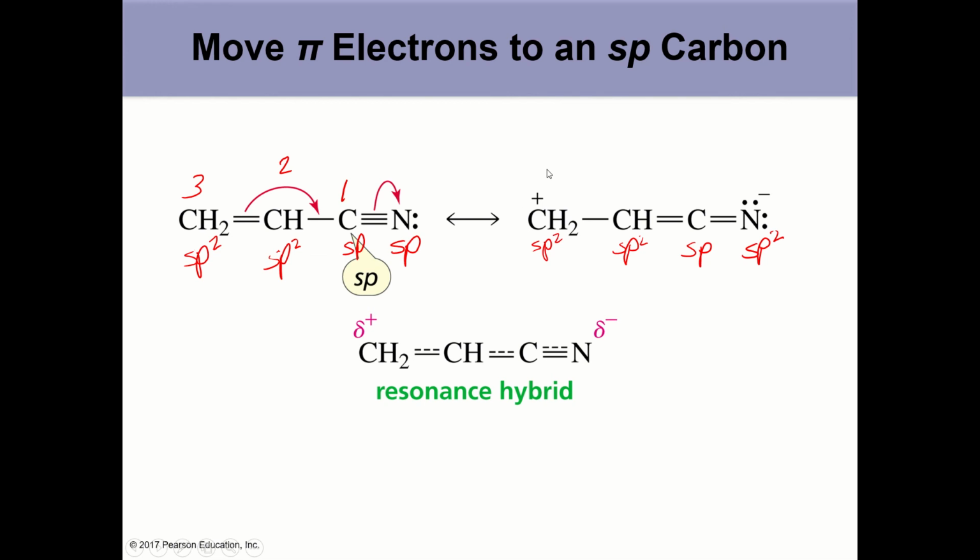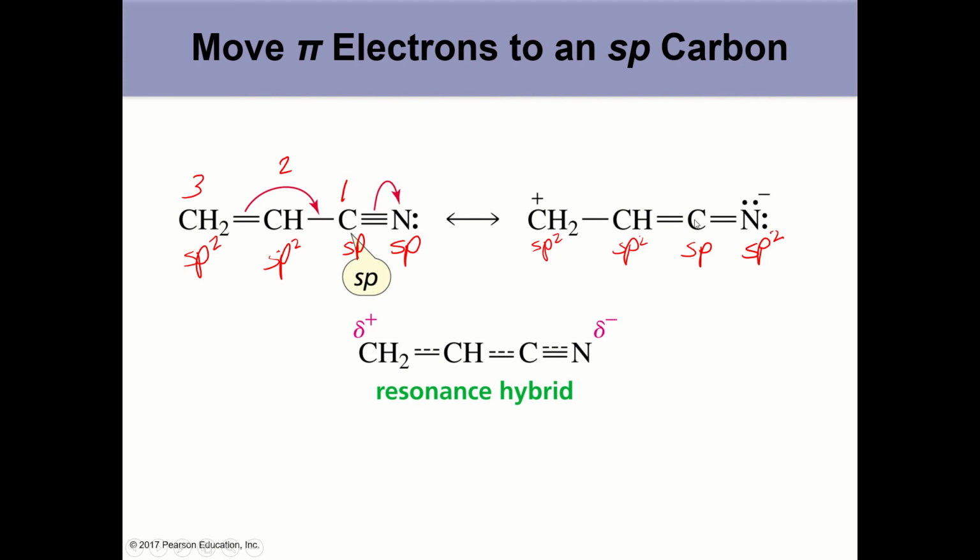So the positively charged carbon 3, which now only has one single bond and one empty p orbital and single bonds to hydrogen, is sp2 hybridized. Our carbon 2, which had a pi bond that moved to the other side, is still sp2 hybridized.